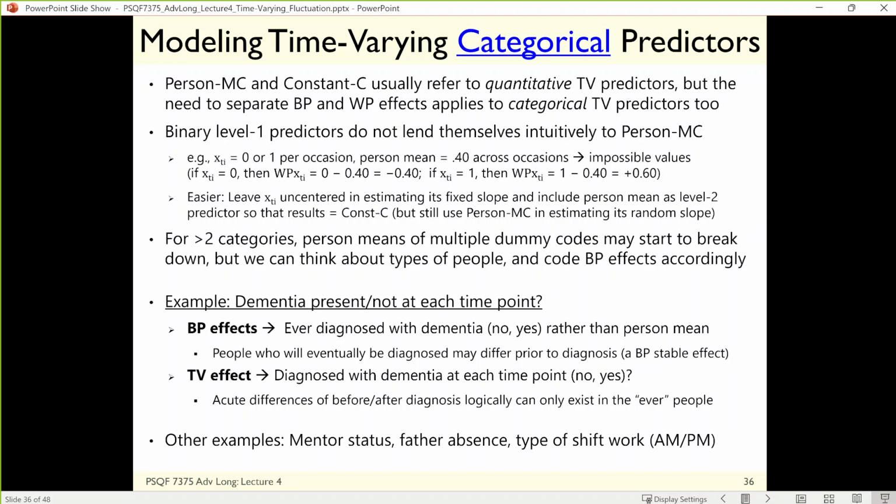Logically speaking, you can only talk about within person change in people who ever change status. So it's more about the inference that you're trying to make. You don't have to set it up that way. So long as they have a 0, there's no way that an increment can apply to their score. If they never had a 1, then there's no change in the prediction. Does that answer your question, or am I off track?